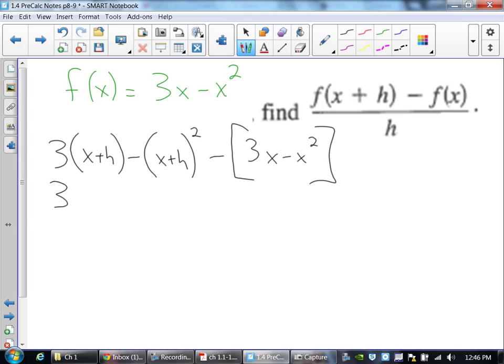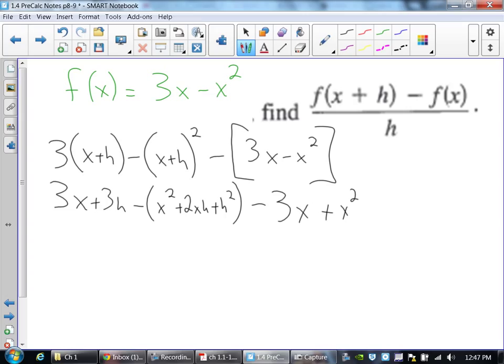We get 3x plus 3h minus, and I'm going to leave this in parentheses to remind us, x squared, 2xh, and h squared. And now go ahead and change your signs. Minus 3x plus x squared. You have to be careful to distribute the negative to the three parts of the trinomial.